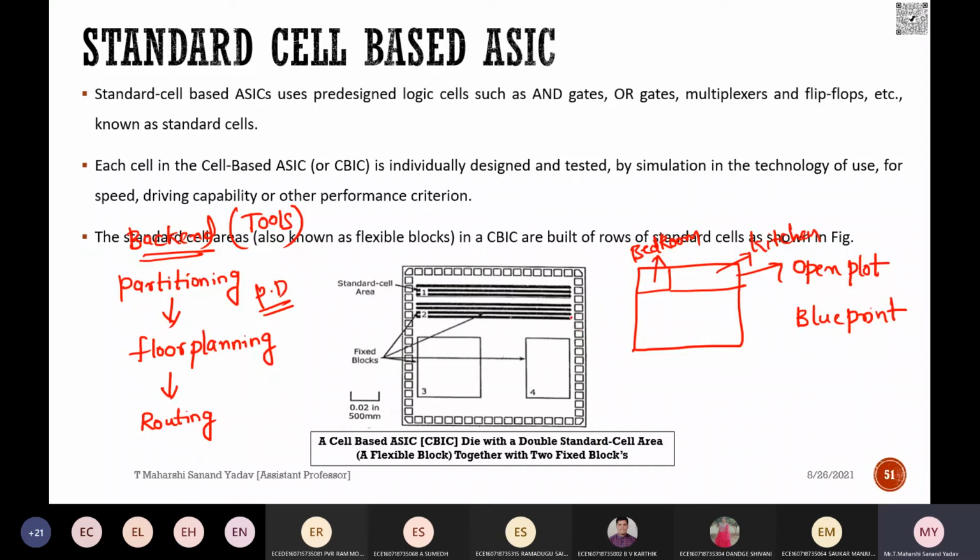So this is partitioning, done depending upon the total area, and after proper measurements, placement will be done. Partitioning, floor planning, placement, and again routing. In detail, I'll explain this while discussing the flow of ASIC followed by FPGA.